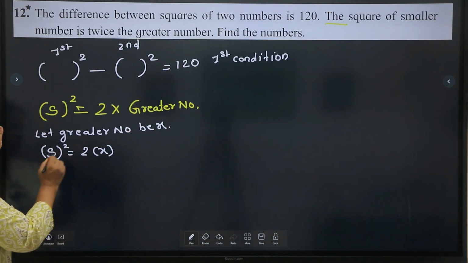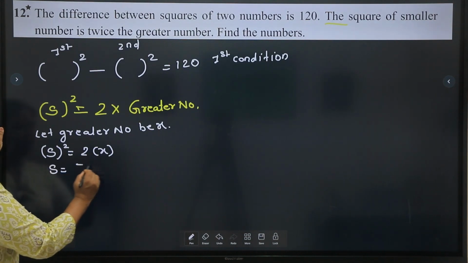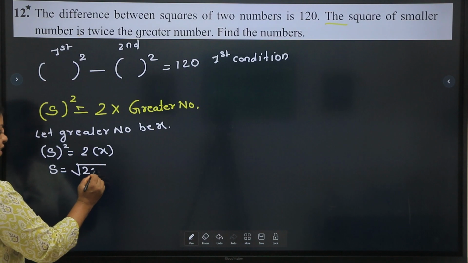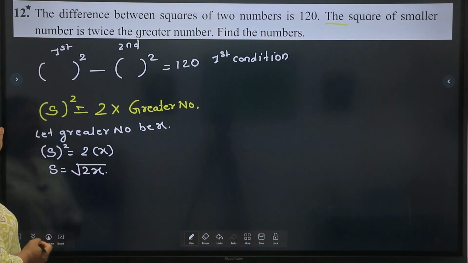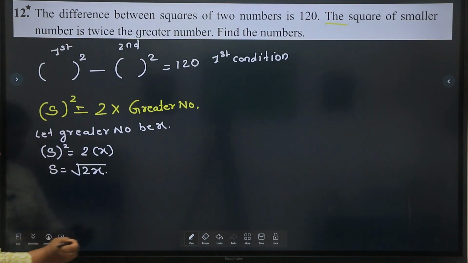So the square of the smaller number is 2 times the greater number, so the smaller number will be under root 2x. Clear? So you know the smaller number now, children?